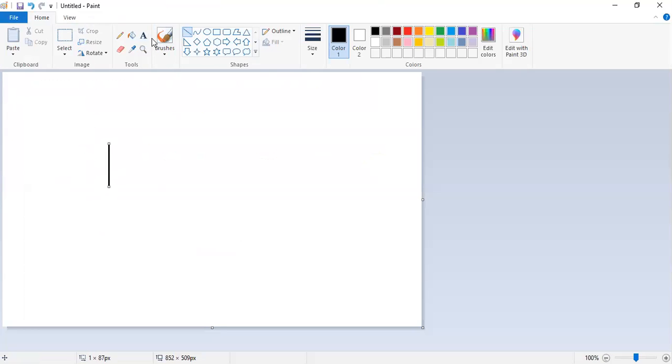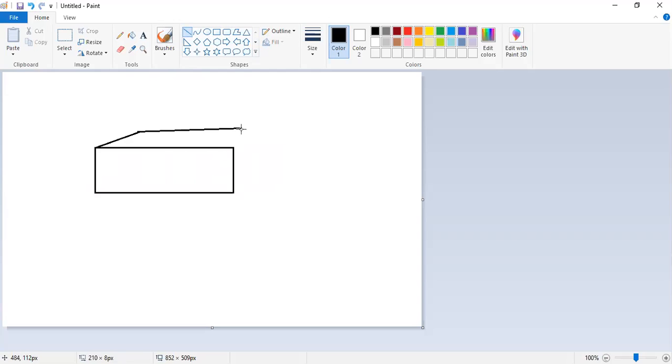So I'll just make this a bit smaller. Okay, so this is going to be the wooden block for Darren, whatever he's painting.